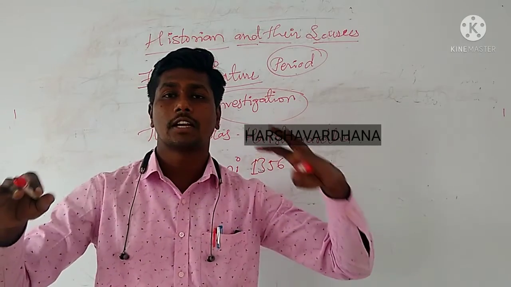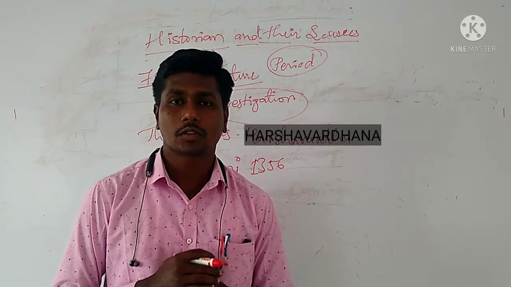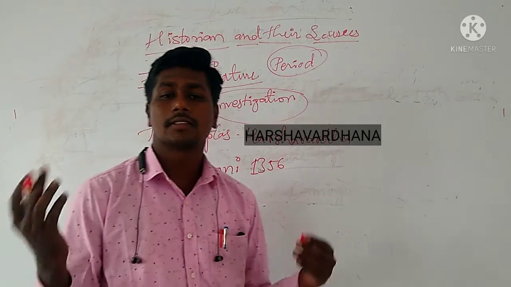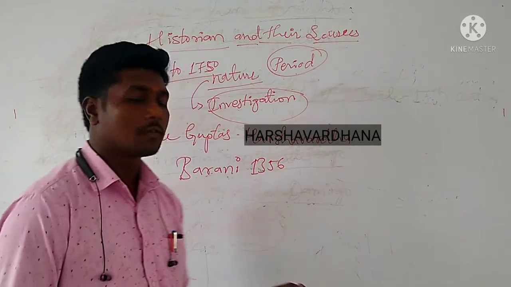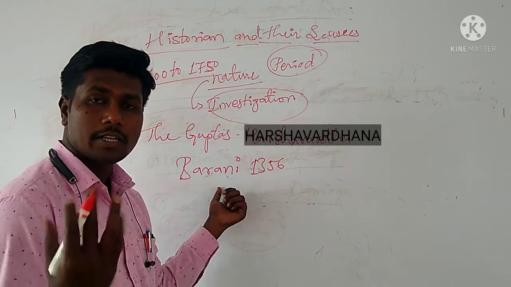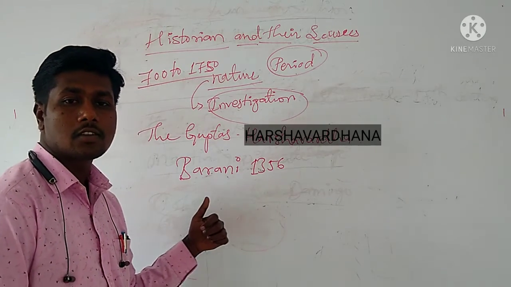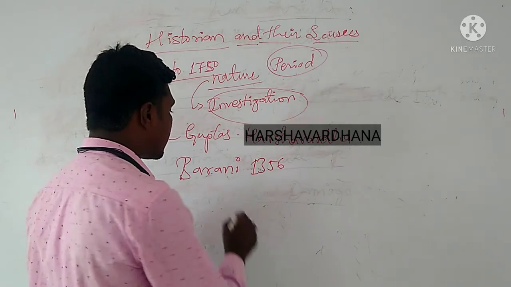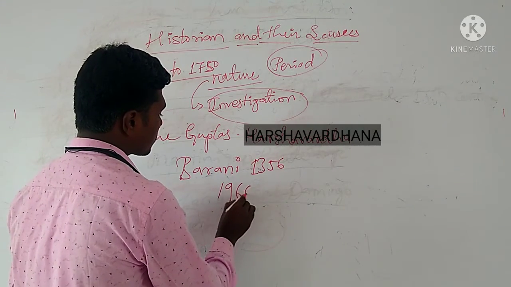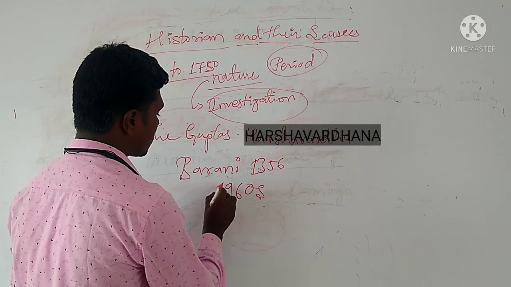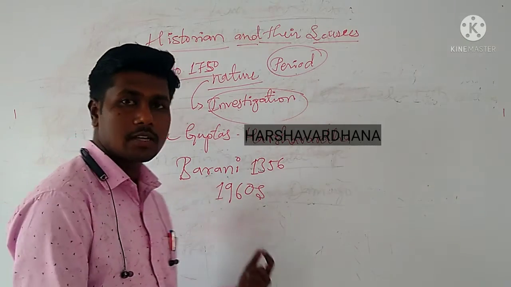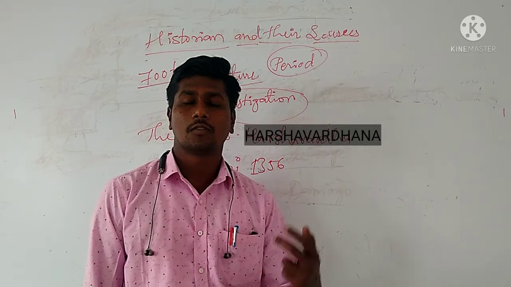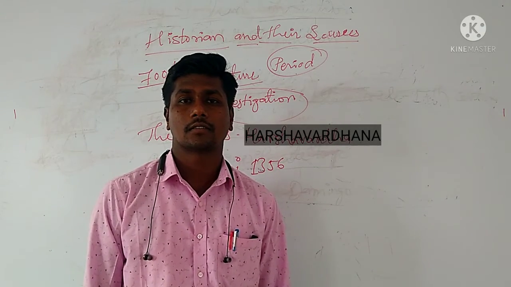Both the chronicles are different from each other. And our historians did not know the existence of the first version until the 1960s. Until the 1960s, our historians did not know that there was a first version of the chronicle of Ziauddin Barni, a 14th century chronicler.